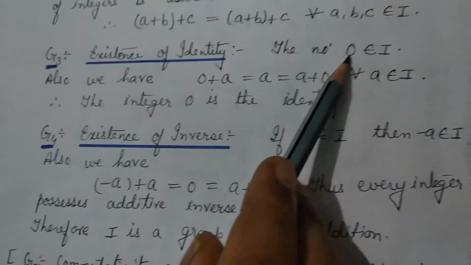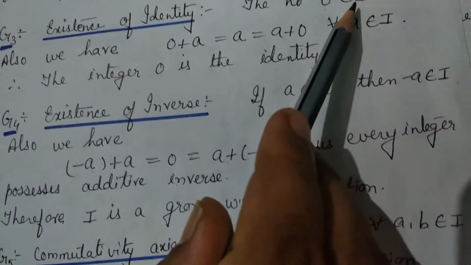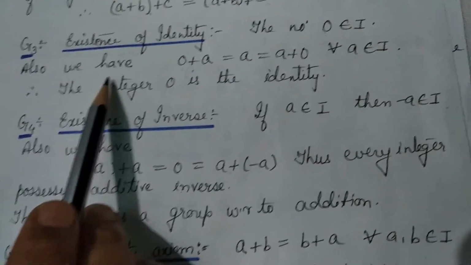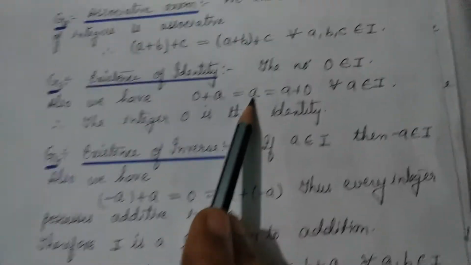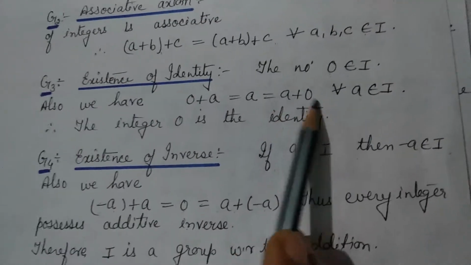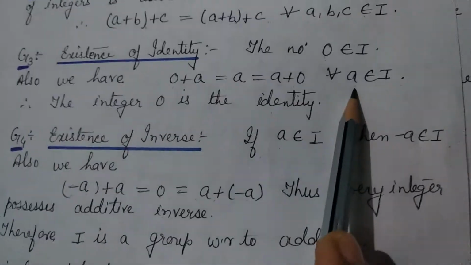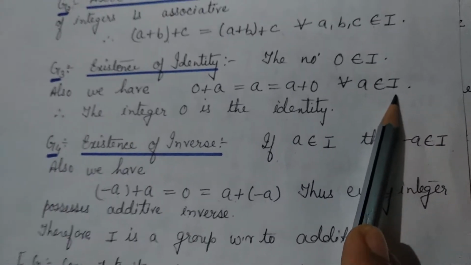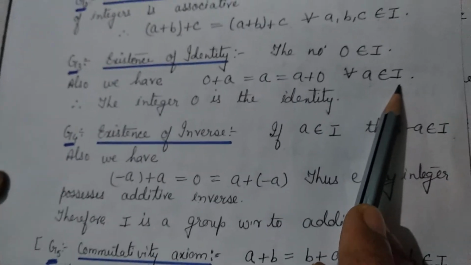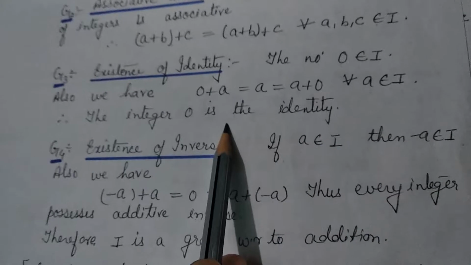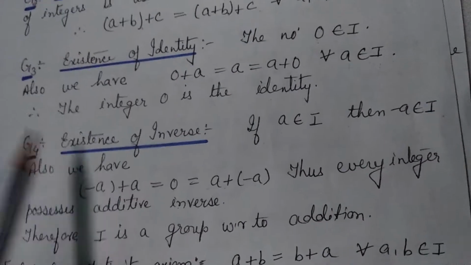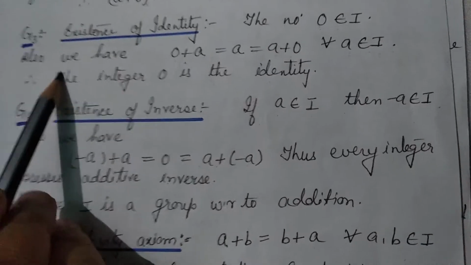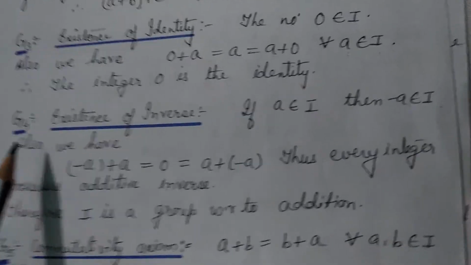The number 0 belongs to I. Also, we have 0 plus a is equal to a and it is equal to a plus 0 for all a belonging to the set of integers. Therefore, 0 is the identity element for the set of integers. So the third axiom is also satisfied.